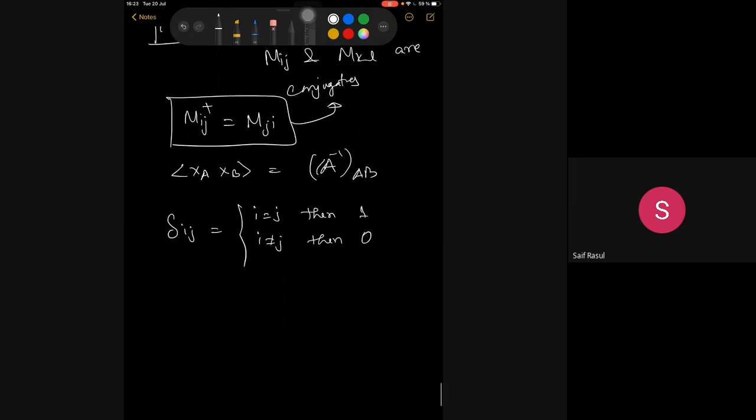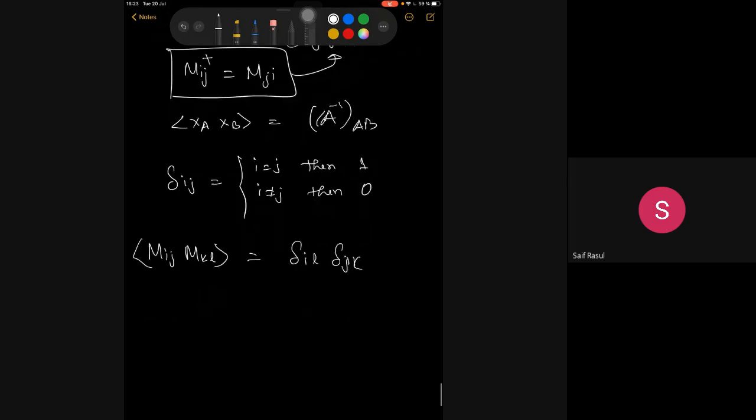And our matrix propagators look something like this. It's just a notation. You can also deal with the inverse notation.